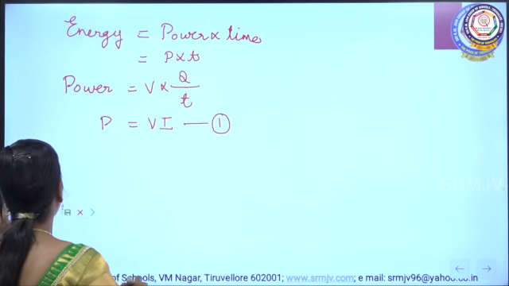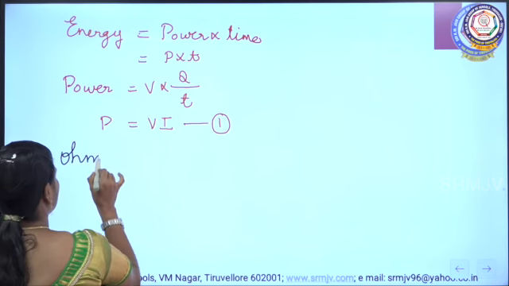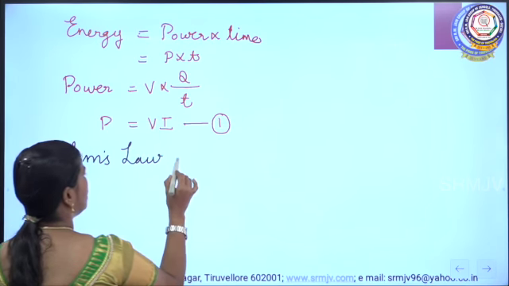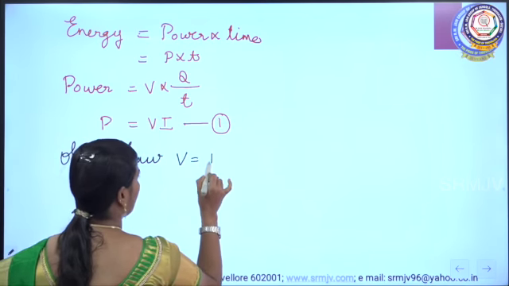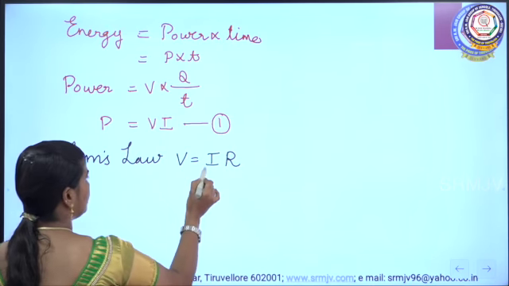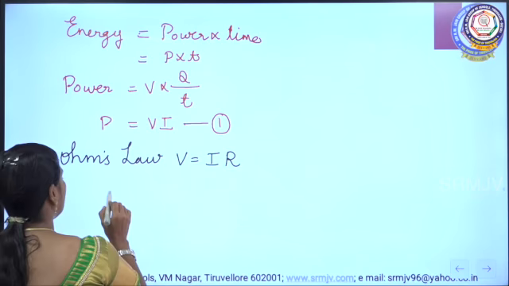According to Ohm's law, V is equal to IR. So, this should be substituted in equation 1.